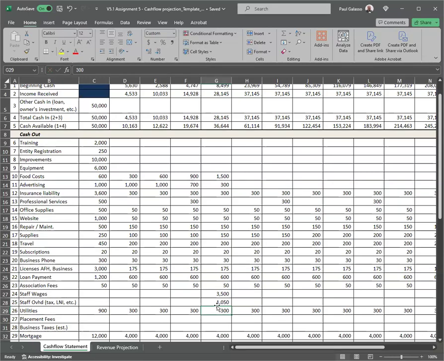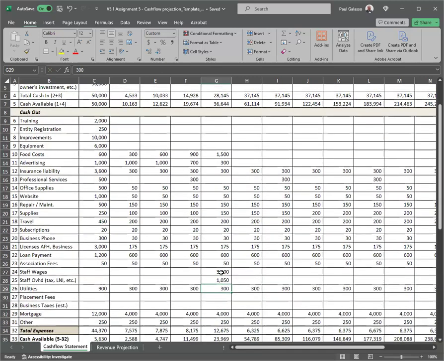All right, so that means that 1 caregiver is going to cost us $4,550 a month with our overhead, meaning tax, unemployment insurance, disability insurance, things like that.